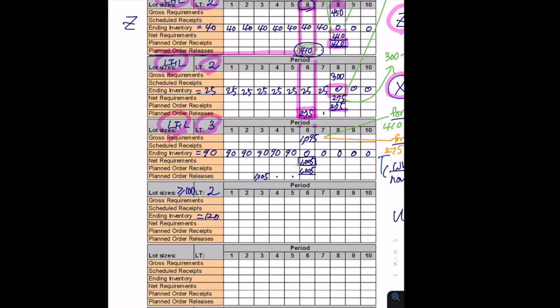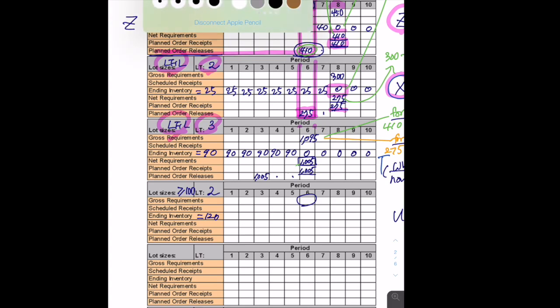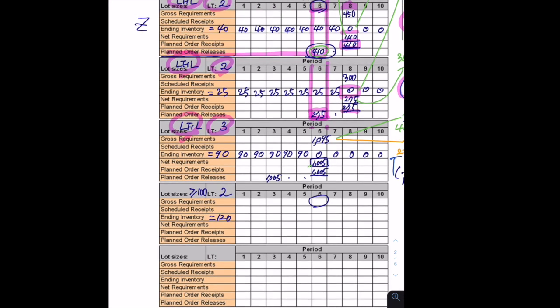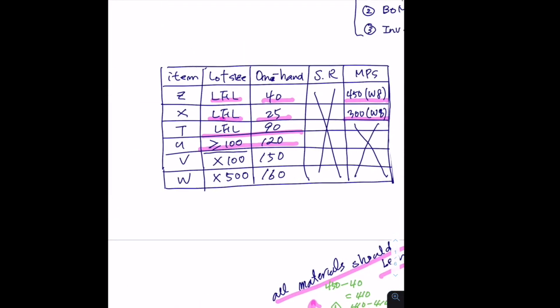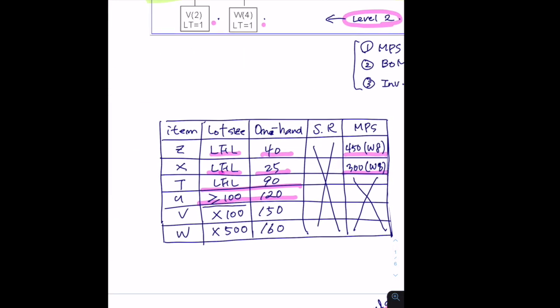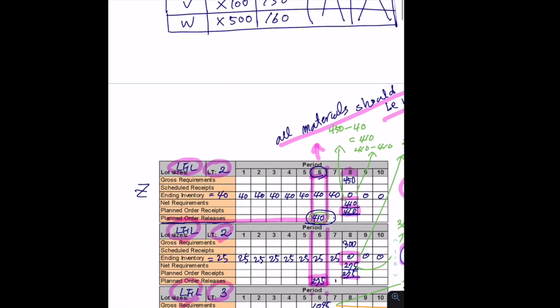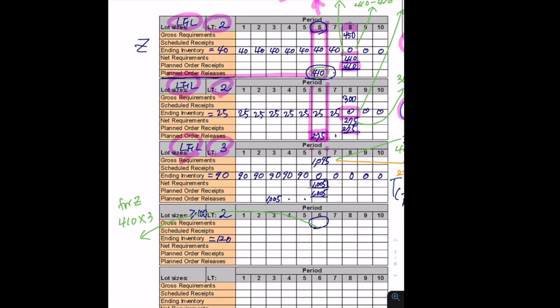So on week 6, here, let me use different color. So let me write down here. 410 for Z making, and for each Z, how many do you need?